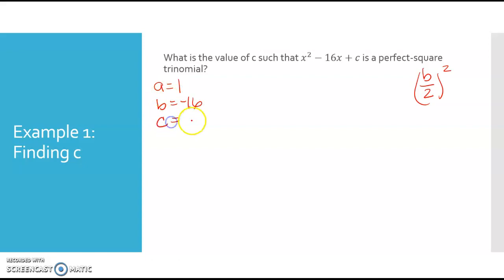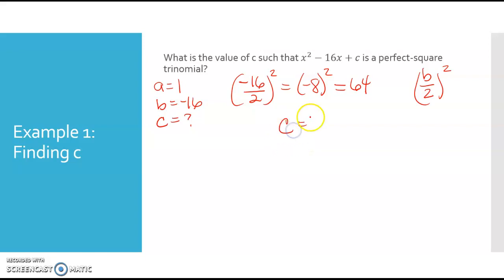What is c? We don't know, right? Sometimes we will, sometimes we won't. But in this case, we don't know. And then I just plug in. So I have a negative 16 divided by 2, and I'll square that. So that will give me a negative 8 squared, which is 64. So my new c is 64.